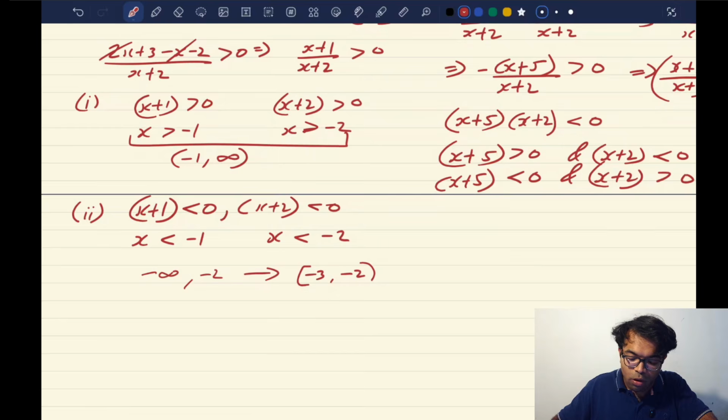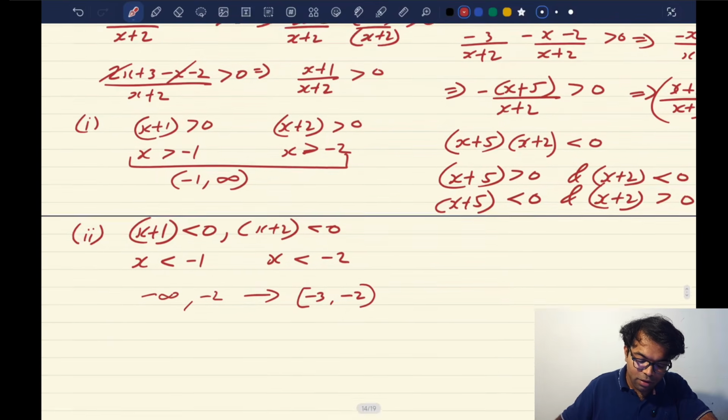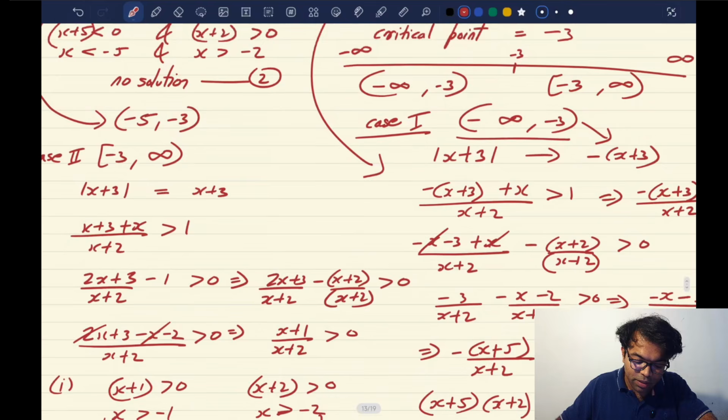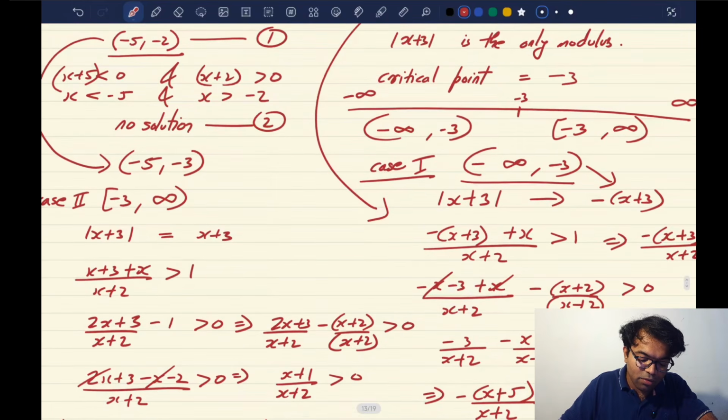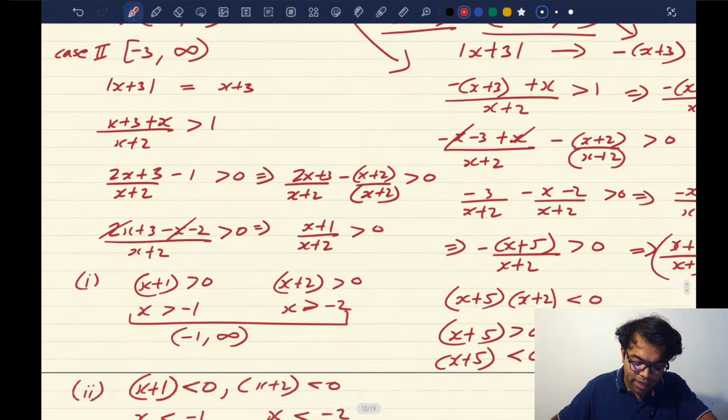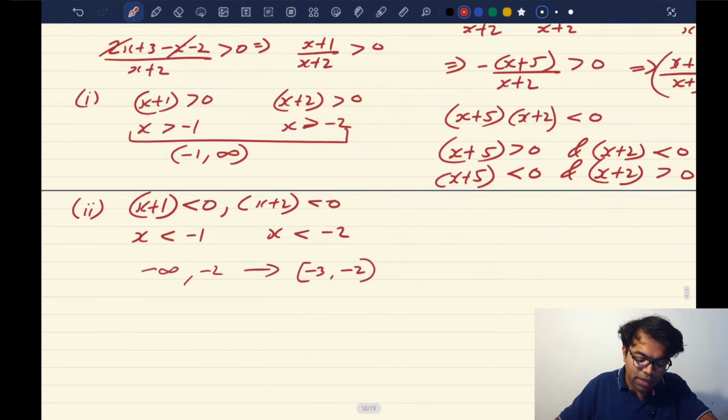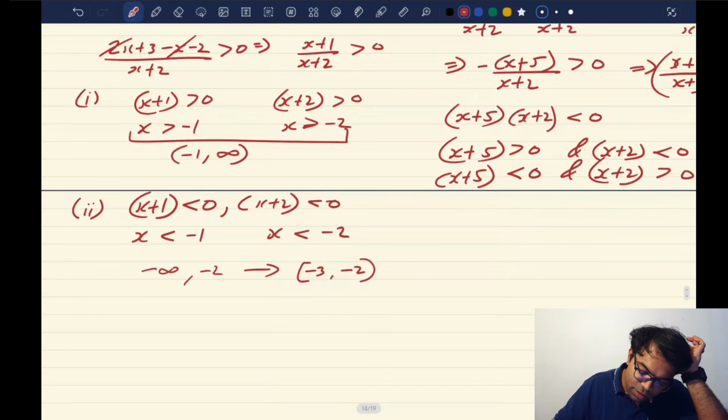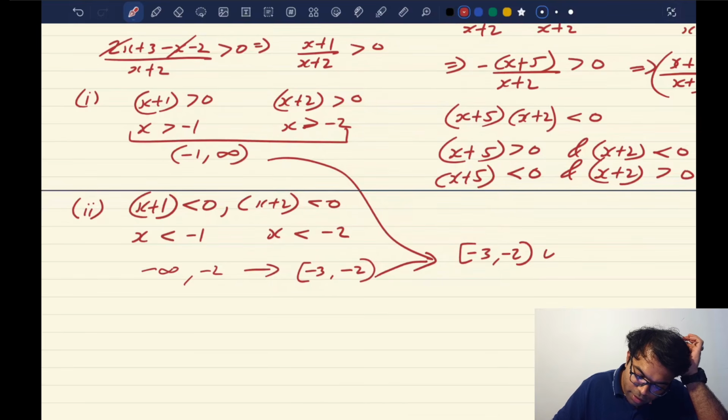Understood this? So what are the intervals that we have from the first case? From the first case, we had minus 5 to minus 3. The second case, you had minus 1 to infinity and minus 3 to minus 2. So from these two, we can write it as minus 3 to minus 2 union minus 1 to infinity.